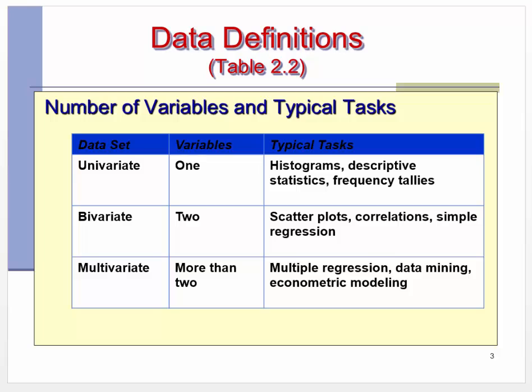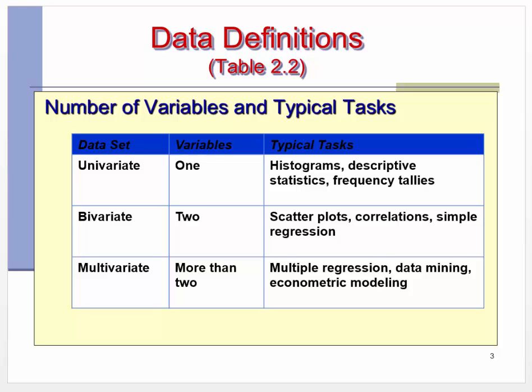Depending on the level of variables involved, there are different types of typical tasks to be performed. If I have only one variable in the data set, we call it a univariate data set. Mathematical tasks we can perform on that kind of data are constructing a histogram, doing descriptive statistics, and counting its frequencies, etc. When you have two variables in a data set, that's called bivariate.